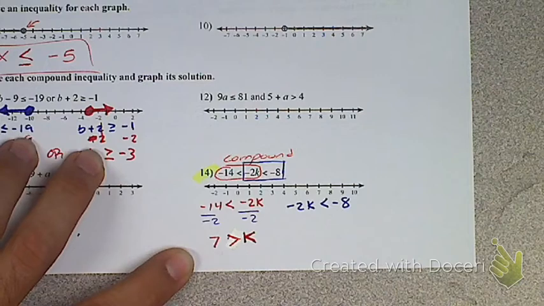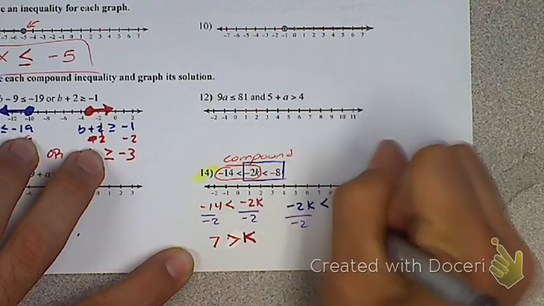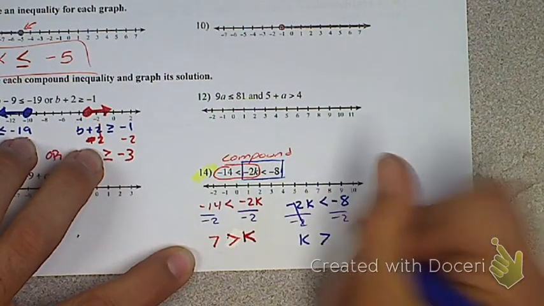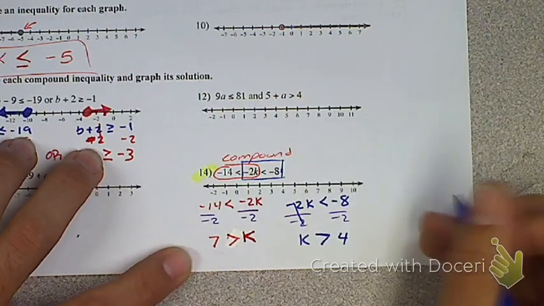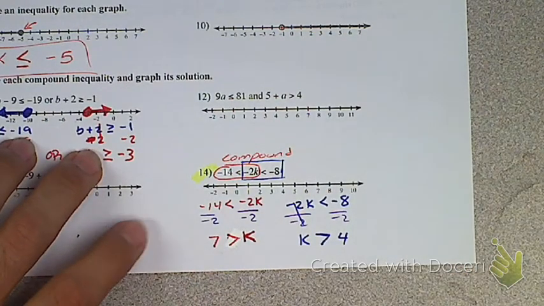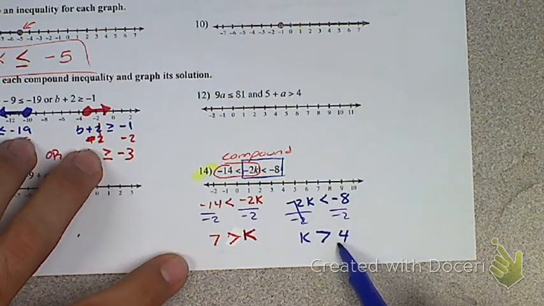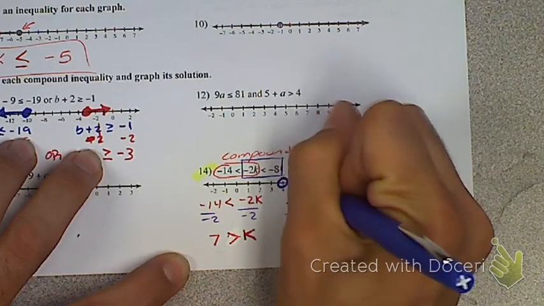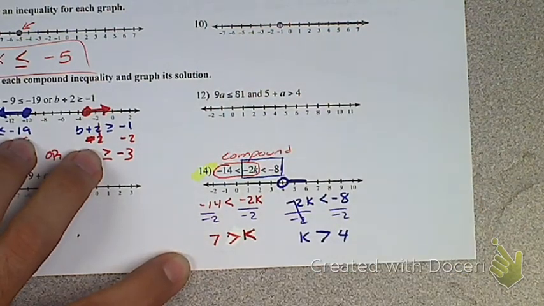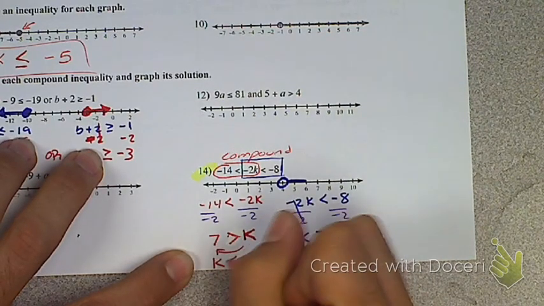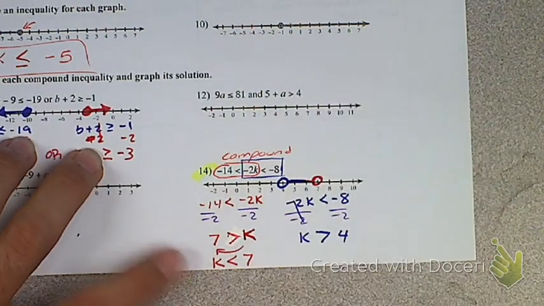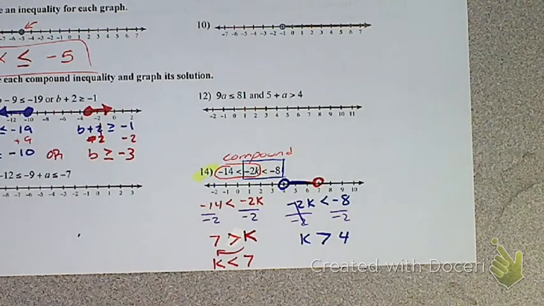And on this side, divide by negative 2 again, which means the sign flips: k is greater than 4. So on 4, it's going to be an open circle to the right. On 7, if I flip it, it's an open circle to the left. And the two just combine. And that's your answer.